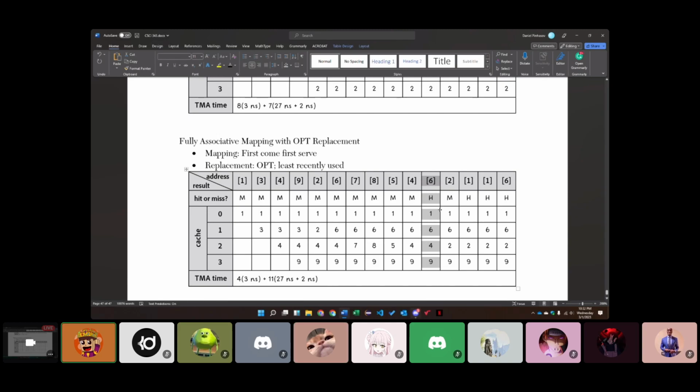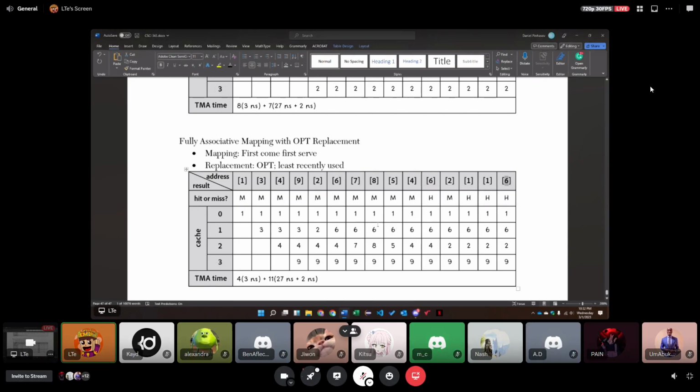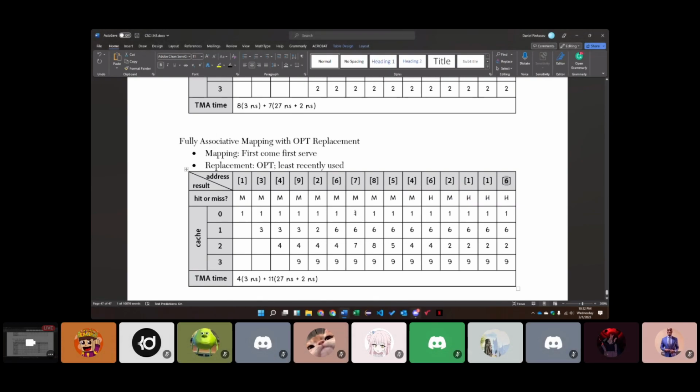No, but the thing is, let's see. Let's say we're over here, and then we want to put 7 in. 1, 6, 4, 9. Say this is 9 and this is a 4. Then we look to the right until we find all 4 of these.